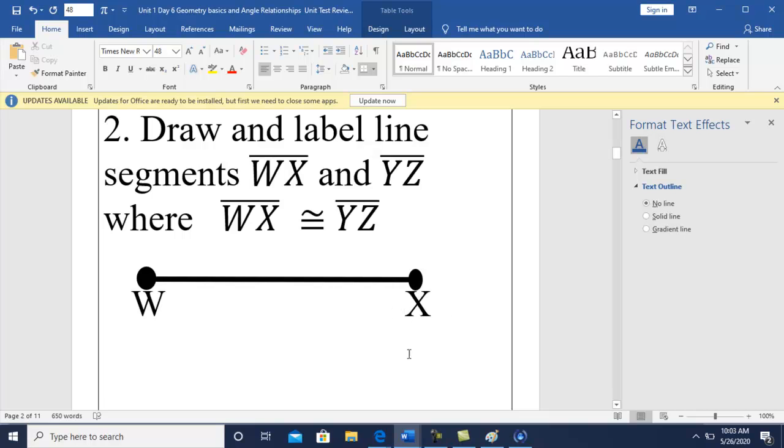We're going to do that again one more time, this time for YZ. So we're going to draw a line segment.